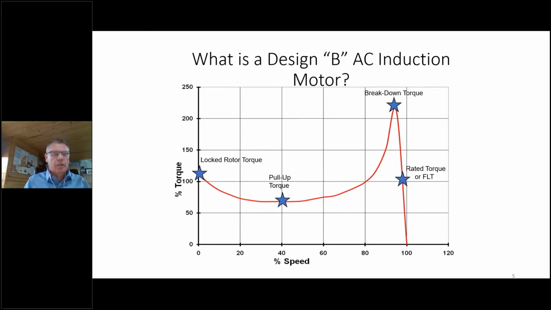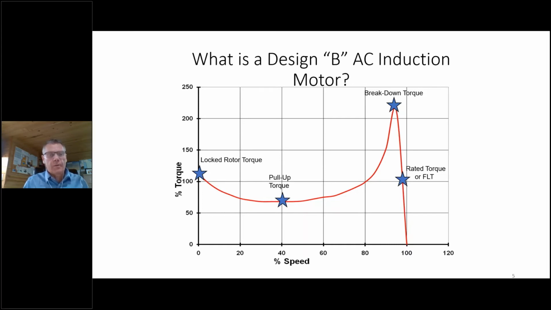When you initially apply a voltage or current to a motor, it's going to go through a ramp-up, and as it increases in speed to that 100%, this is what we call the rated speed. As it's going through that cycle, a different amount of torque is generated. The red line is the speed-torque curve.